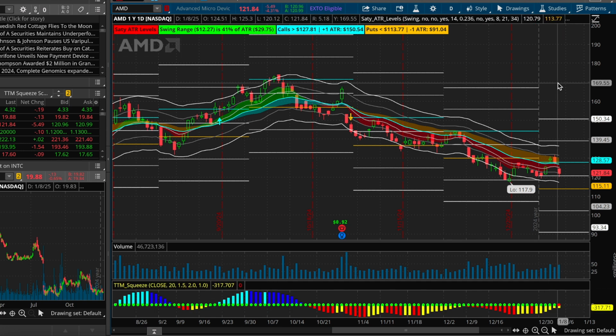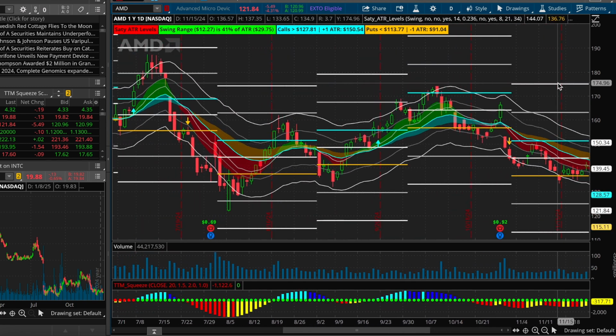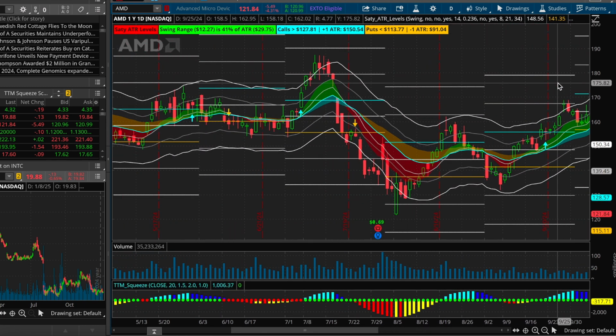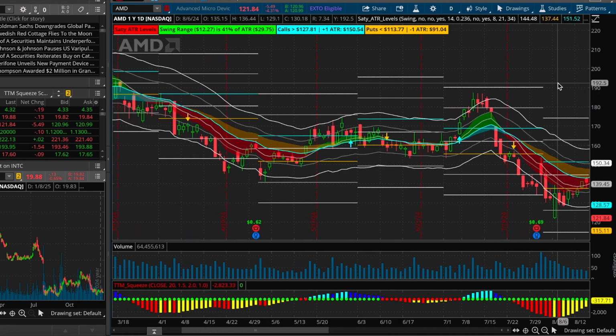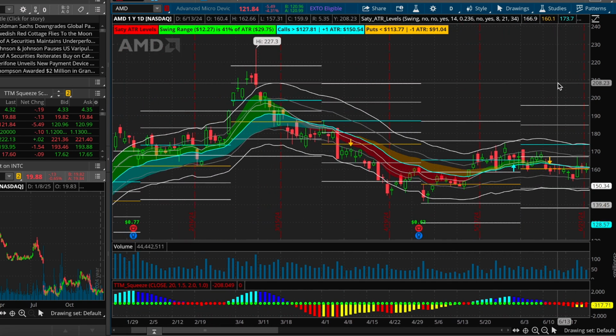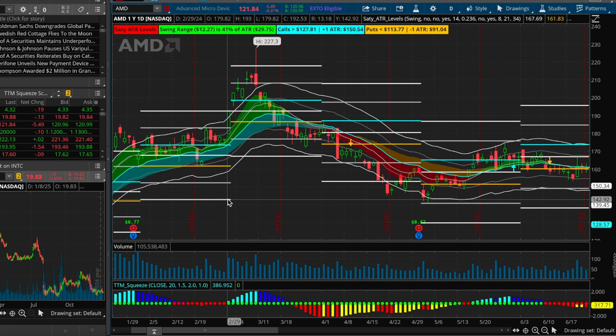So we'll see what happens from there, but you see how on AMD, for example, you can look at this and say, okay, oftentimes when AMD gets volatile, or at least recently when it's gotten volatile and the TTM Squeeze Indicator calls it out, it often goes both ways. You get an initial move one direction, and then you do get the counter move. And so maybe that gives you something to sort of look for.